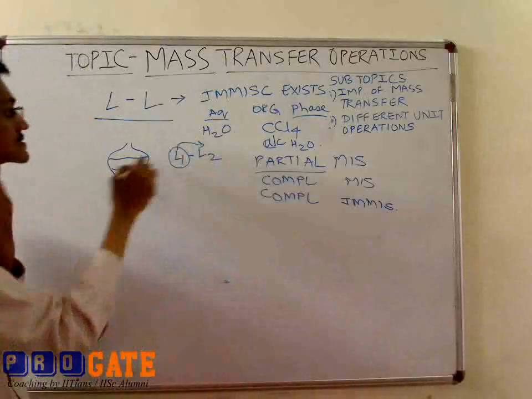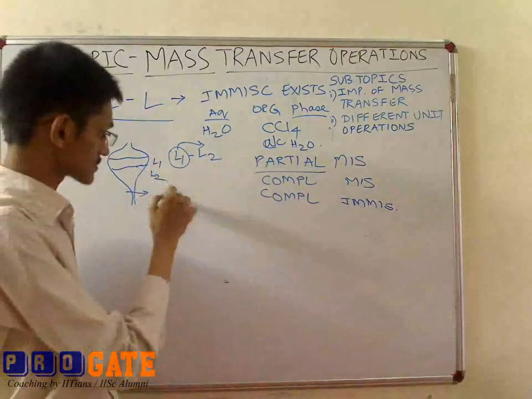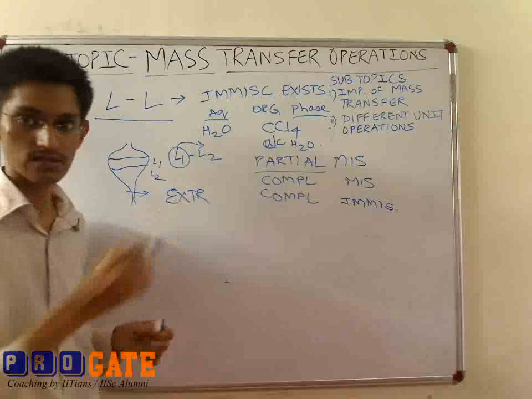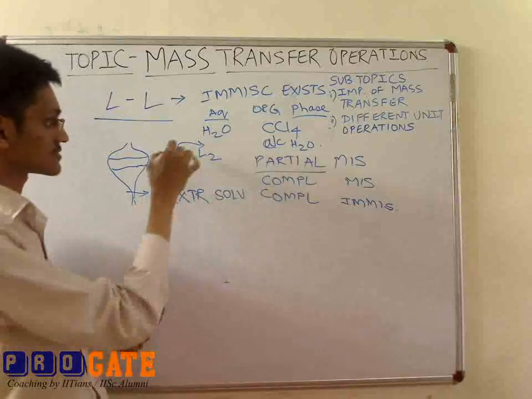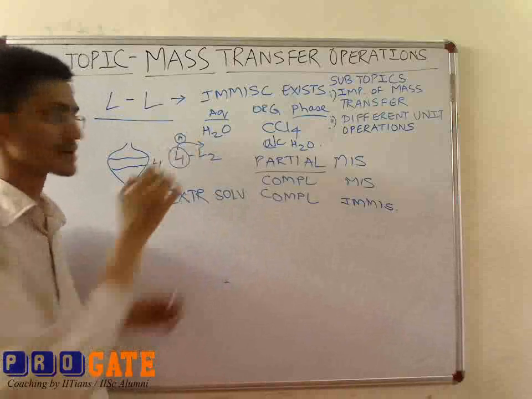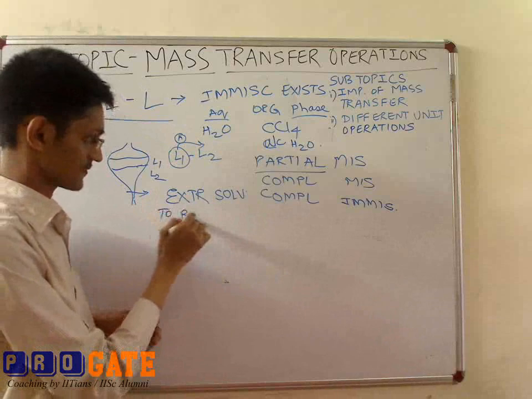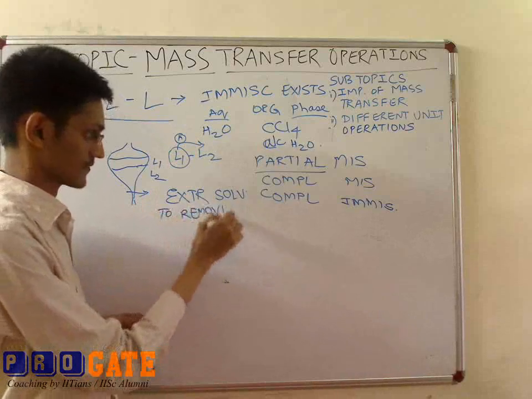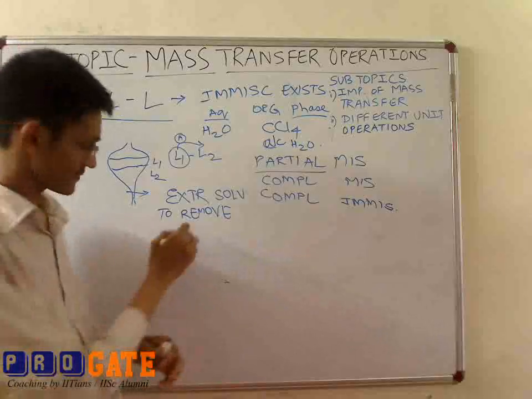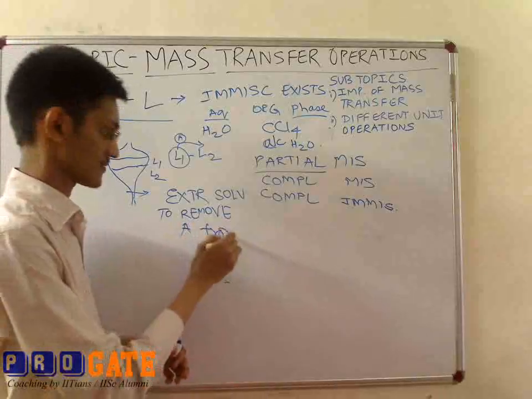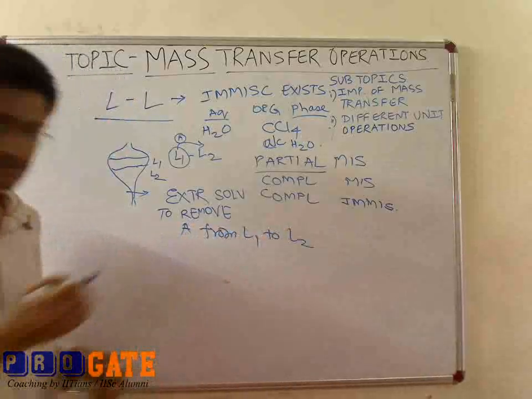Now this L1 phase, so you make use of the extraction solvent, which will allow you to separate A, which is present in higher amount in L1. Extraction solvent to remove A from L1 to L2.